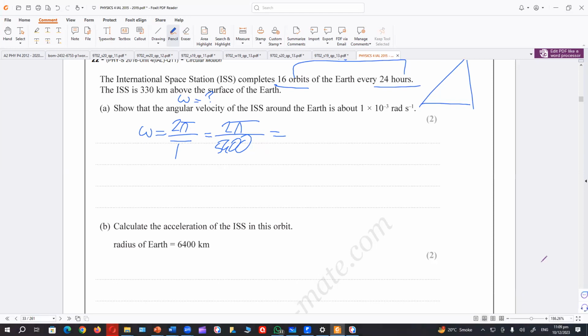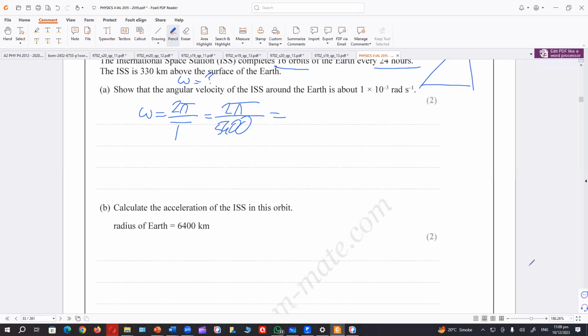Now calculate the acceleration of the ISS in this orbit. How do I find the acceleration? You can use circular motion: centripetal acceleration, a equals omega squared R. Yes, omega squared R. You got omega from the previous part, right?